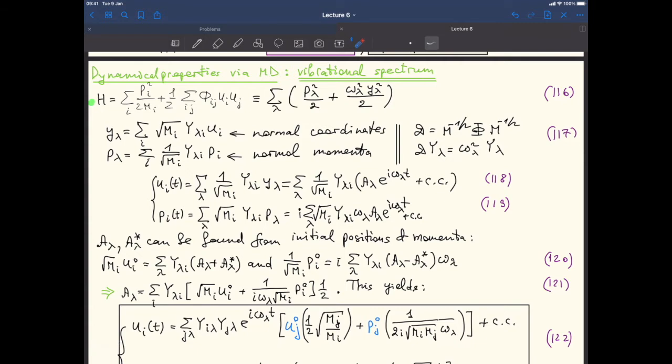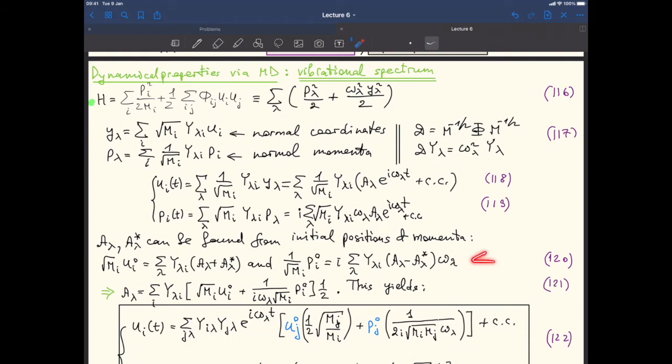So we have to assume that we know initial displacements and initial momenta. Therefore, taking time equal to 0 in these equations, we obtain these two equations where in the left hand side we have the initial displacement and the momentum. In the right hand side we have this linear combination of the a lambda arbitrary constants.